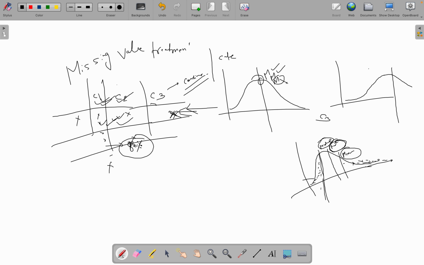Same applies for the left skewed. So whenever it is left skewed or right skewed, always go with the median, okay, not with the mean or mode. It's a continuous value, so definitely mode doesn't come. But yeah, not with the mean.